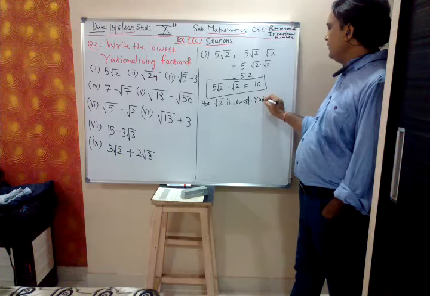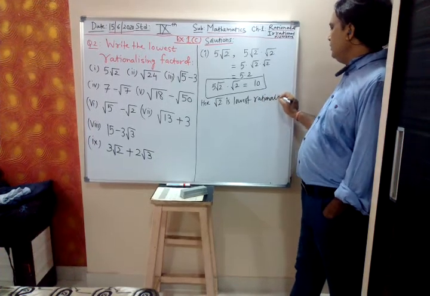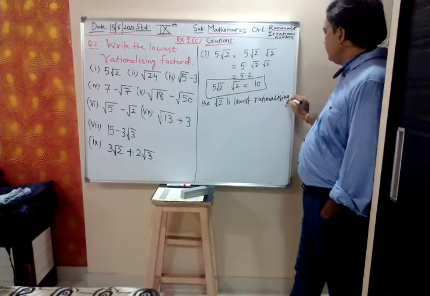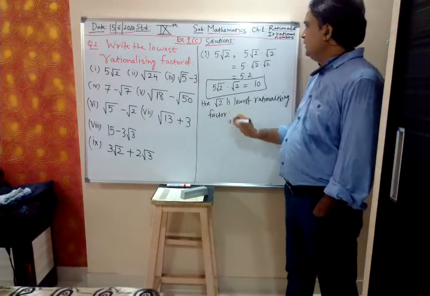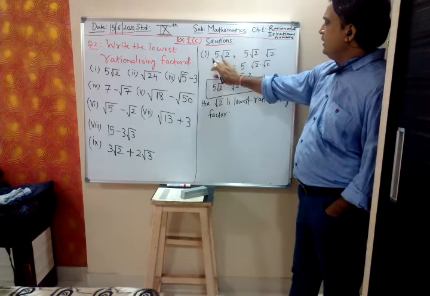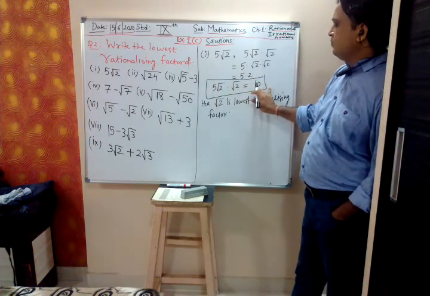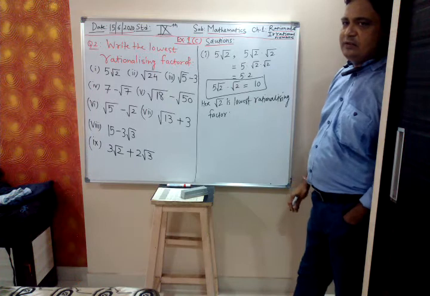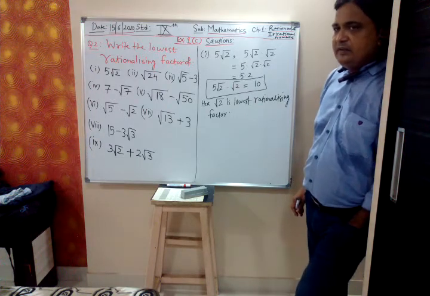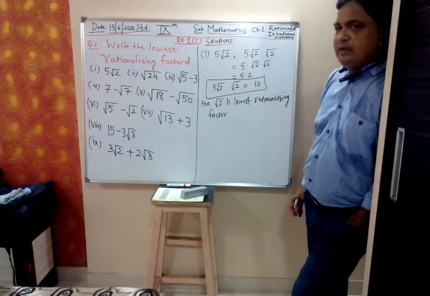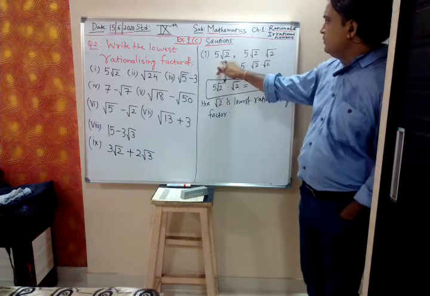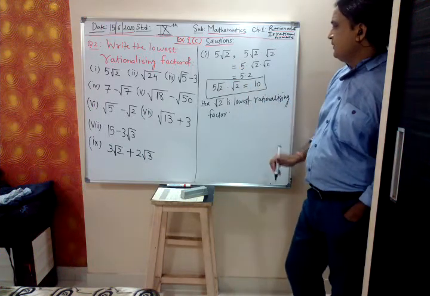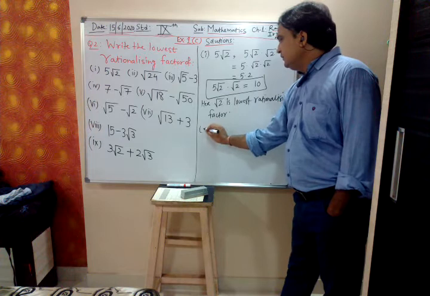Because when you multiply the given number by root 2, this irrational number 5 root 2 becomes 10, and 10 is a rational number. So rationalizing factor means by multiplying that number the given irrational number becomes a rational number. That irrational part root 2 is removed. Now it becomes 10.